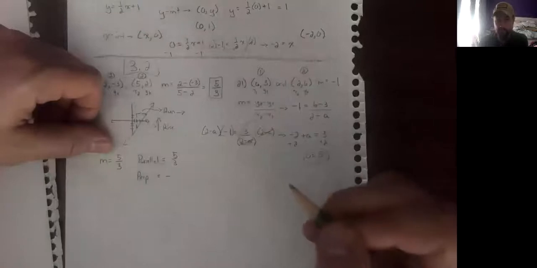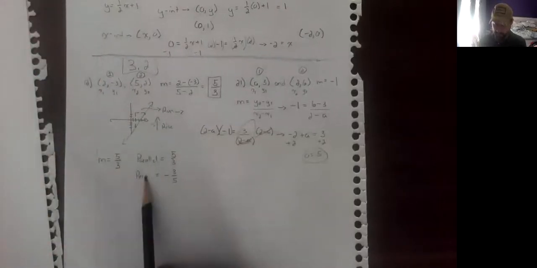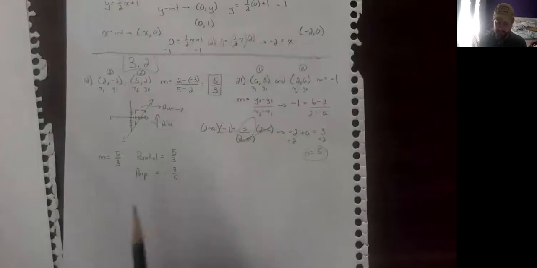Any line perpendicular to that, we have a negative inverse. So -3/5. Parallel, they're the same. Perpendicular, negative inverse. So you either put it over 1 if it's a whole number, or you just flip them if it's a fraction. Okay, that was 3.2. Fun times.